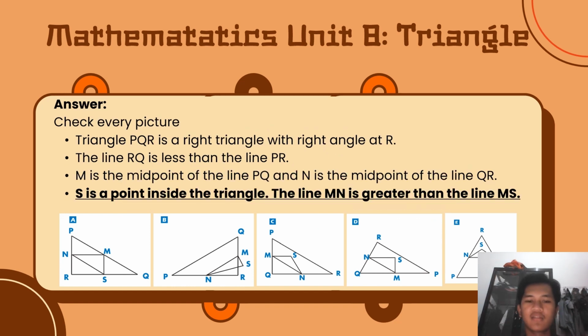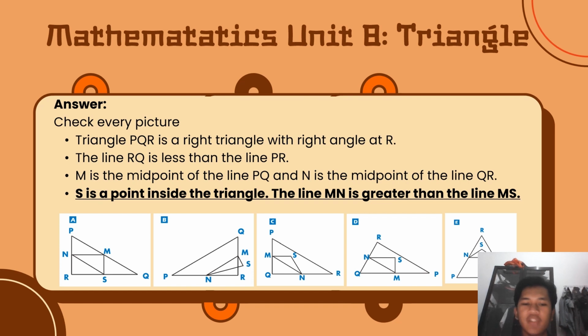Okay, the last description, or the fourth description: S is a point inside the triangle. The line MN is greater than the line MS. So from this statement, picture A is wrong because point S is not inside the triangle but on the triangle, because S is a part of line RQ.